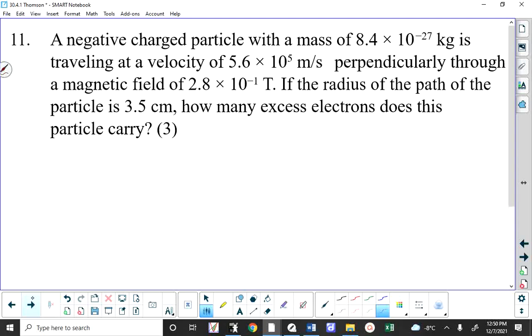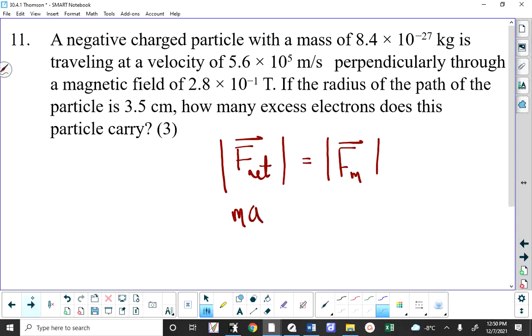We're going to start off with the big picture, which is that you have a magnetic force that's the net force acting on a particle, which means that the net force has a magnitude equal to the magnetic force. This becomes Ma equals QVB.